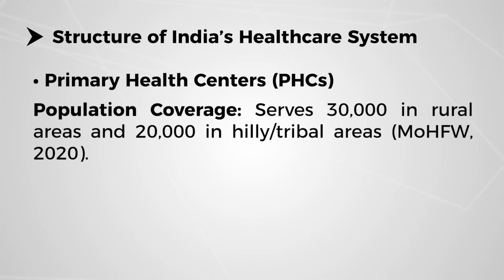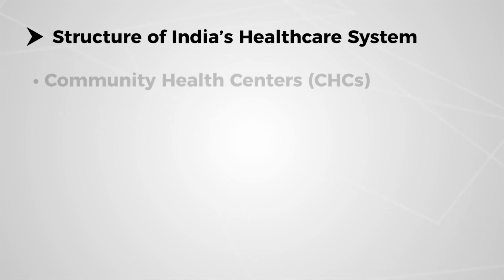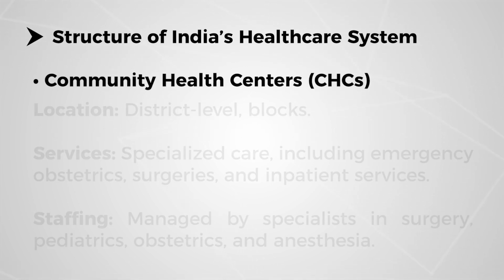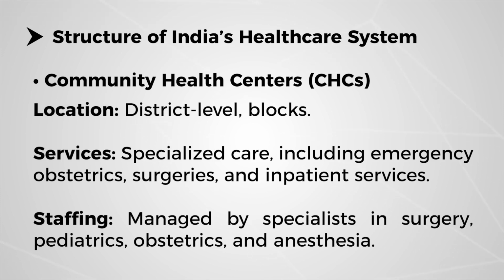Each primary health center serves around 30,000 people in rural areas and 20,000 people in hill or tribal areas. Then we also have community health centers, which are situated at the district level and offer more specialized services.